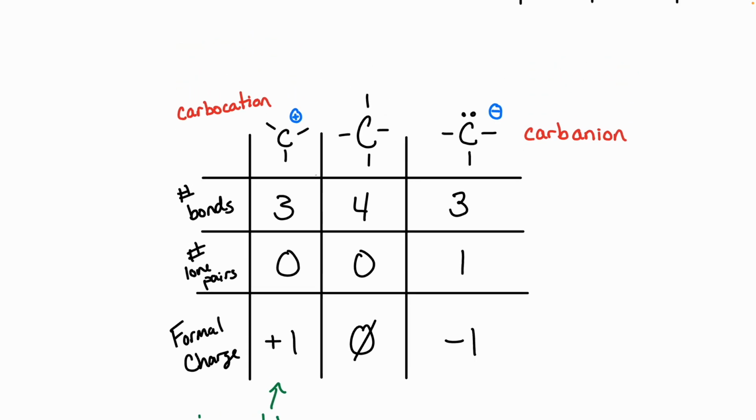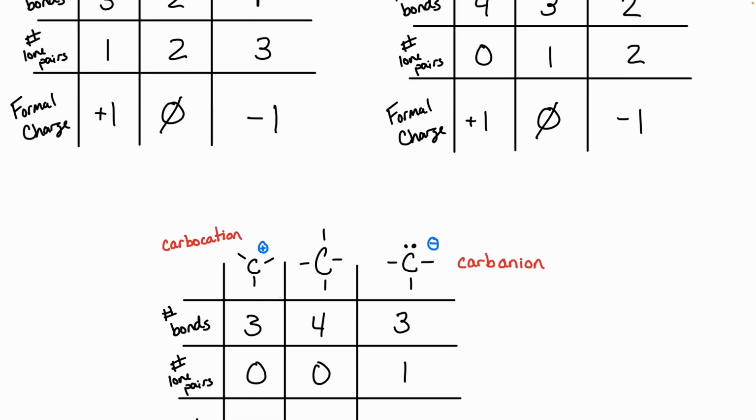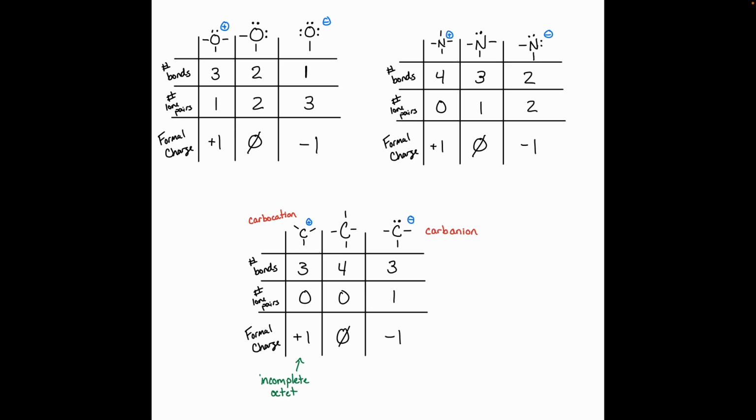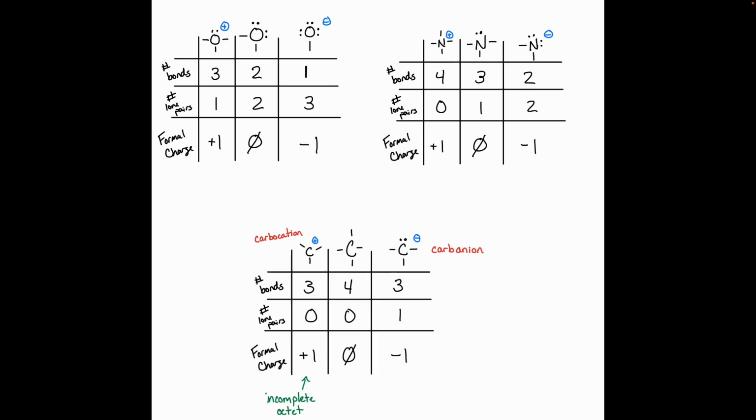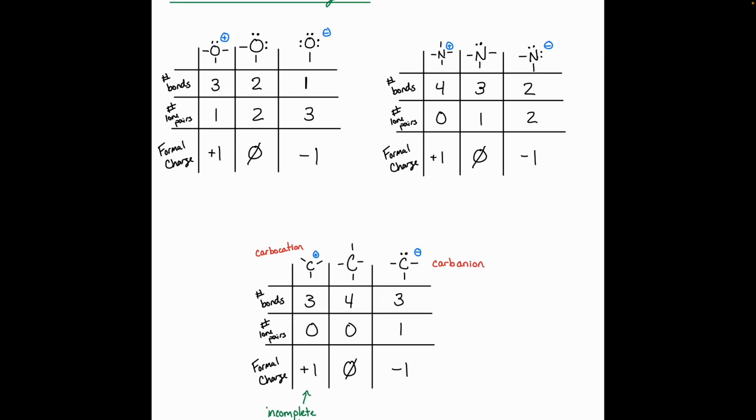All right? If we look above, the one thing that we want to note with regard to our octet for oxygens and nitrogens that's really important, kind of just a base rule that you know you're going in the wrong direction, is nitrogen and oxygen will never break their octet. You will never in your life see a nitrogen atom that has less than 8 electrons associated with it, right? If you draw that structure, you know something went wrong somewhere, okay? Carbon is the only one where we can violate its octet rule.